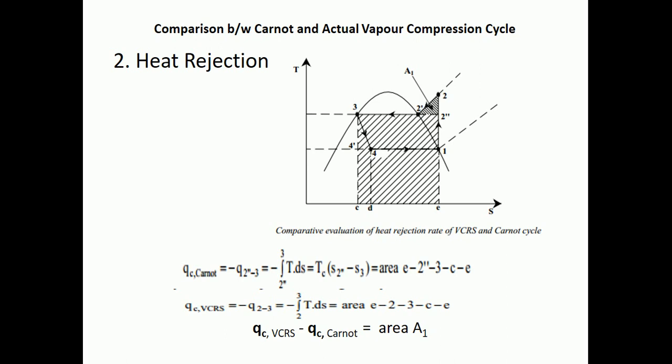So actually we are rejecting a lot of heat, but the refrigerating effect is less than the rejection. So we mean to say that our refrigerating effect is not as much as the rejection. Heat rejection is the temperature environment effect, that is the increase of heat in the environment.